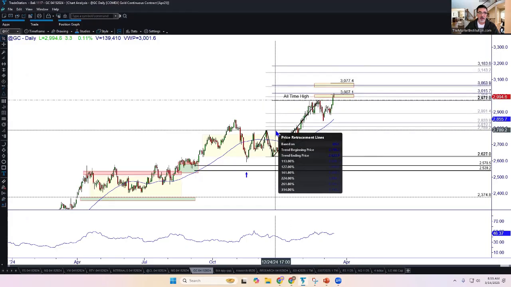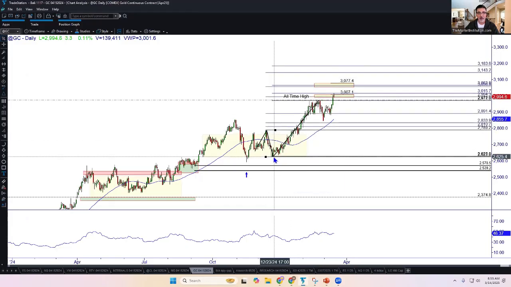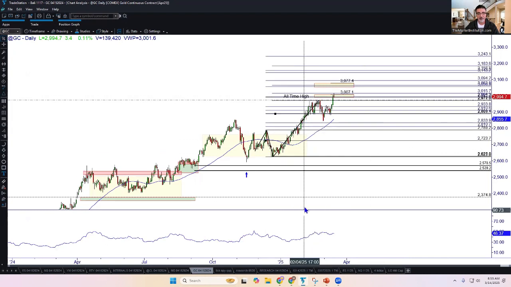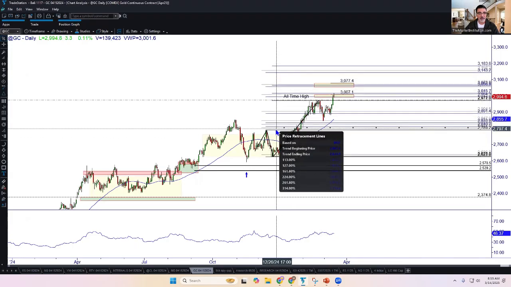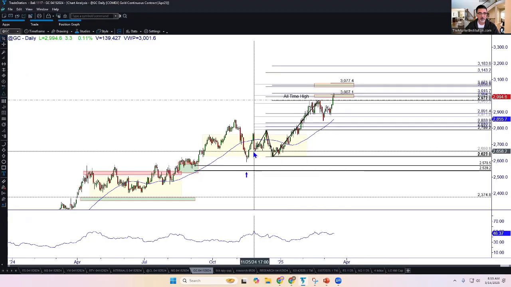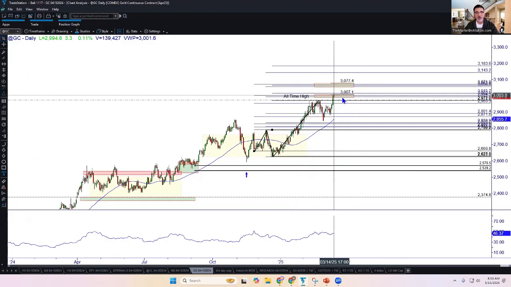So plotting my Fibonacci from high to low on this small swing and on this larger swing, and now one more to get that Fibonacci confluence. We can see that we had multiple Fibonacci lines lining up around this 3007 to 3000 level. The next confluence level we have will be up around 3077.